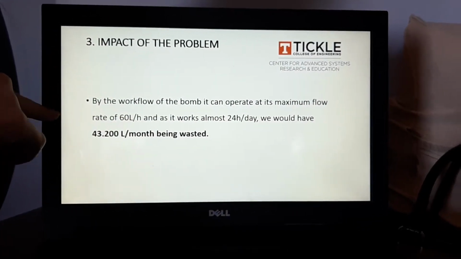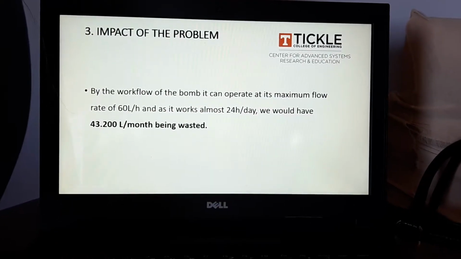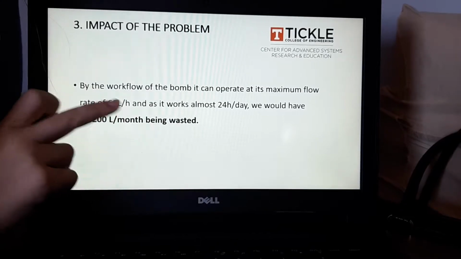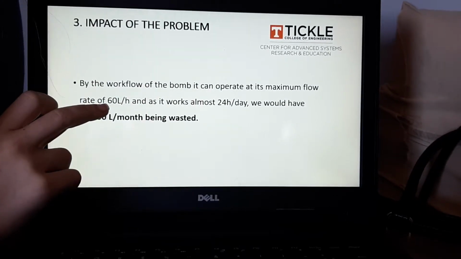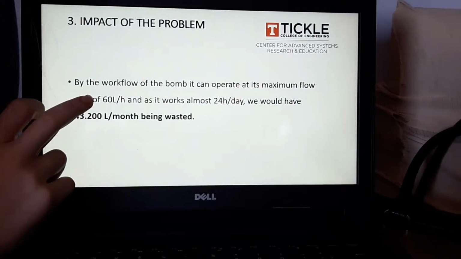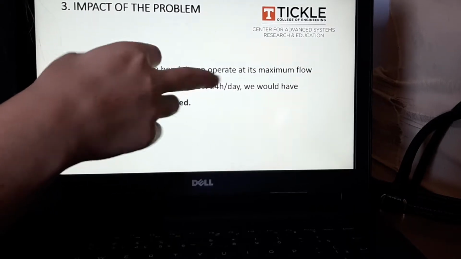So the impact here by the workflow of the bomb, it can operate at the maximum flow rate of 60 liters per hour, okay? This is the maximum as it operates, and we consider this maximum, okay? And it works almost 24 hours per day.